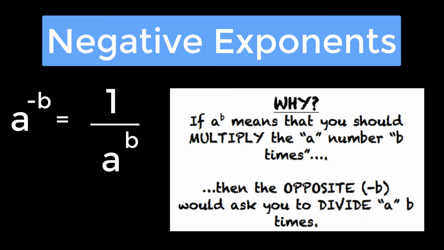Why? If a to the b power means that you should multiply a b times, then the opposite, or negative b, would mean you should divide a b times.